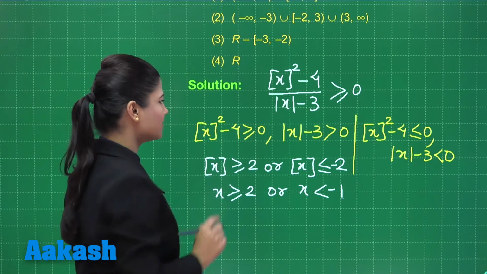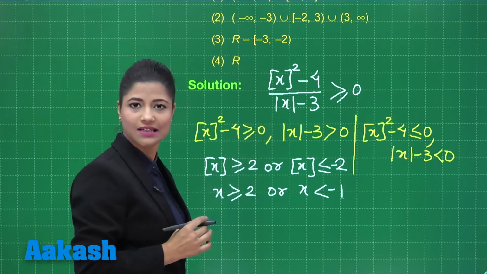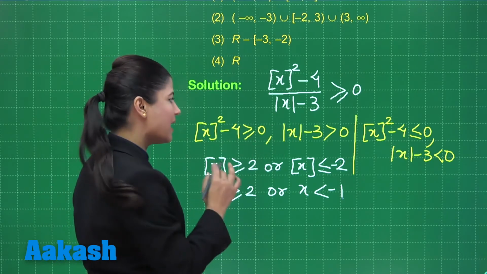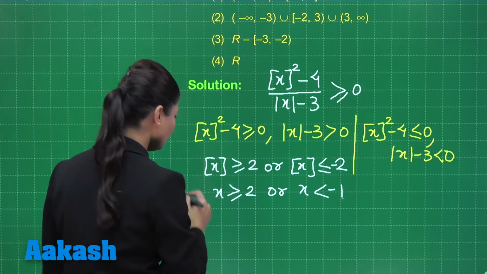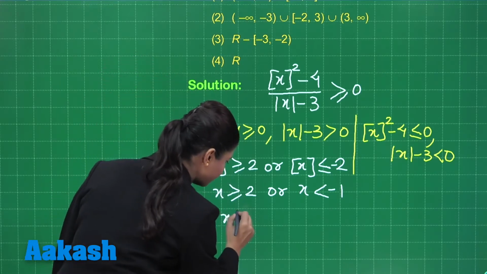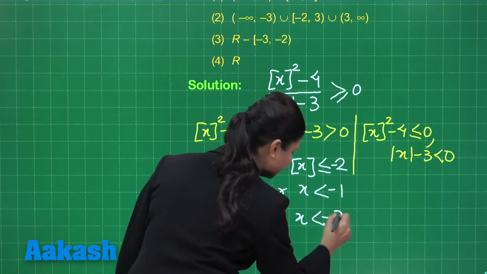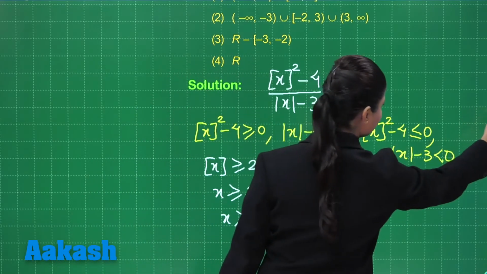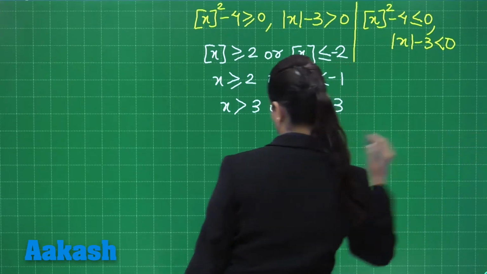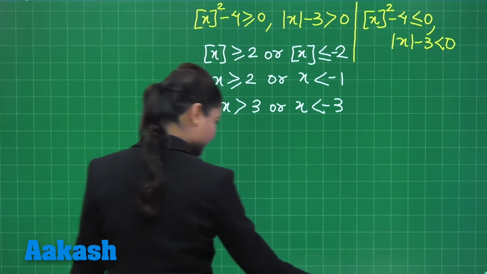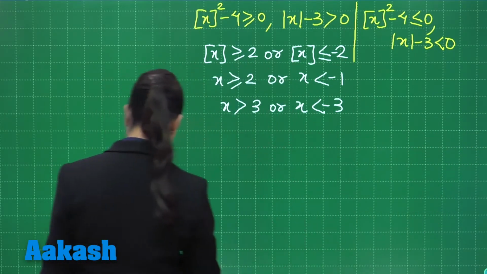Now, when you consider mod of x minus 3 greater than 0, you obtain x greater than 3 or x less than minus 3. Taking this into consideration, let's draw the number line and see what we obtain.